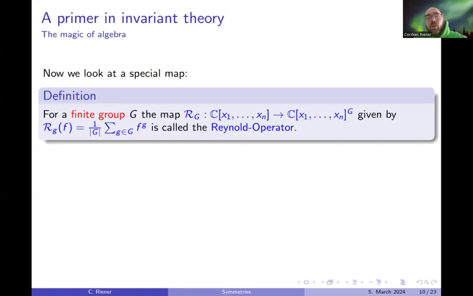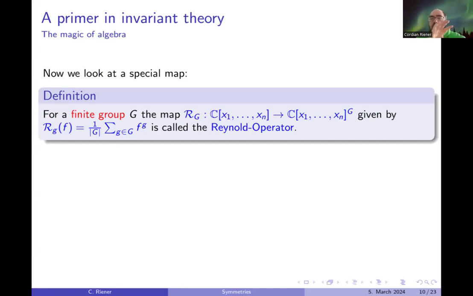So what I now look at is the following operator. I take a polynomial which is not necessarily symmetric, so any polynomial, and I map it to the following sum. I sum over all elements in the group. I let this element act on my polynomial. So my polynomial in general gets mapped to another polynomial, and then again to another polynomial.